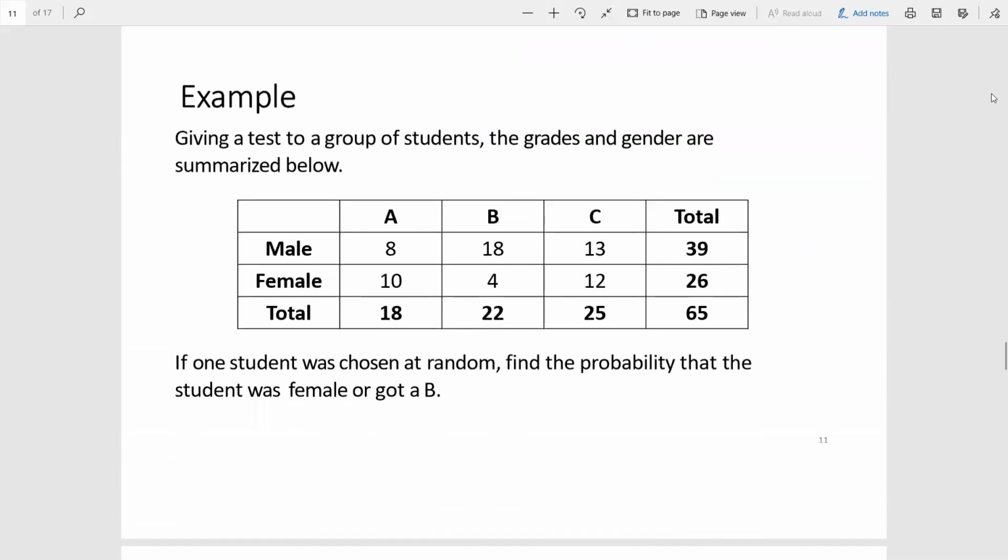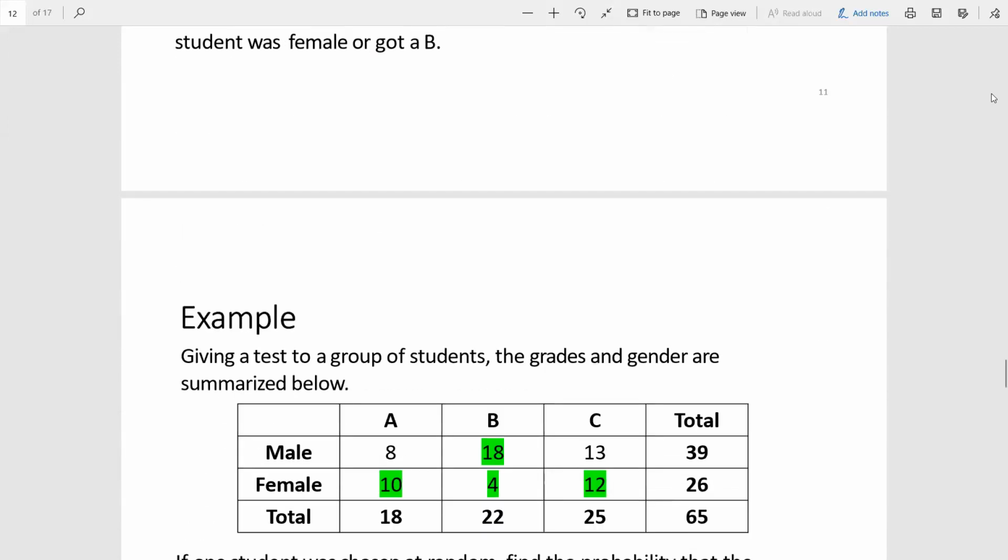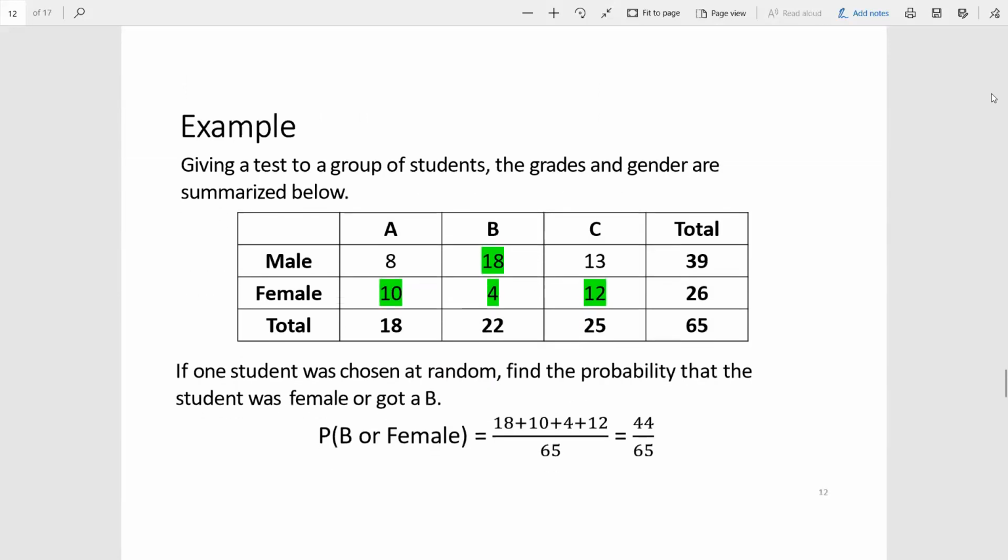Another example, suppose you're giving a test to a group of students and the grades and the gender are summarized in this table. One student was chosen at random, find the probability that the student was female or got a B. So you need to identify in this table the ones that are female or got a B, and that's indicated in green in the next slide.